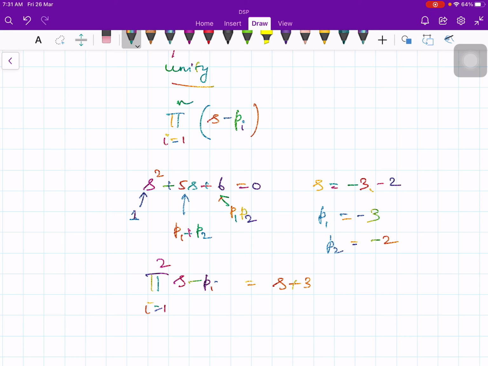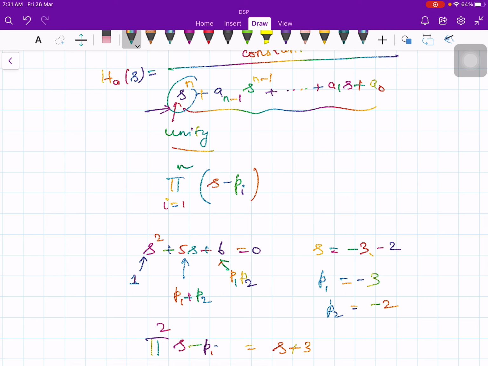That is the reason we always write the highest power with a coefficient of 1, and therefore the lowest power, the constant term. Where is the constant term here? This a_0 is the constant term, and it will be simply the product of the p_i's. Look here, s^2 + 5s + 6. The 6 is nothing but the product of the two factors, the product of p_1 and p_2.